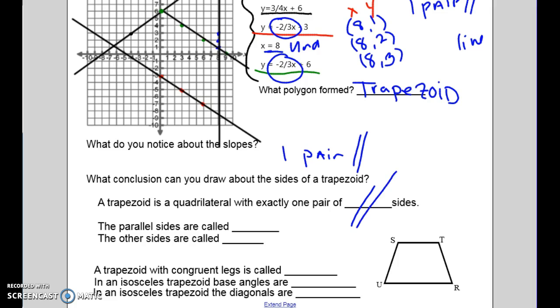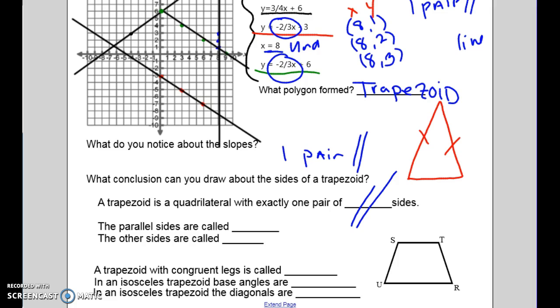Now, what are the parallel sides called? That's a trick question. How do we know that it's a trapezoid? Does anybody remember? I told you that a trapezoid is a something zoided. It's a triangle. Okay, so tell me real quick, if I gave you this triangle, what would you tell me about it? It's isosceles.